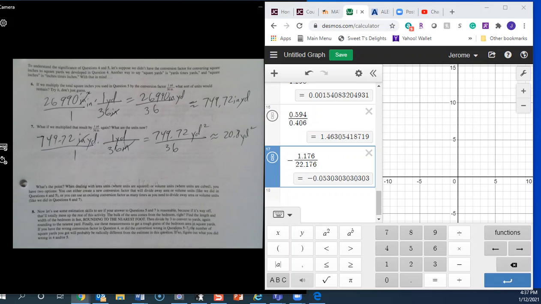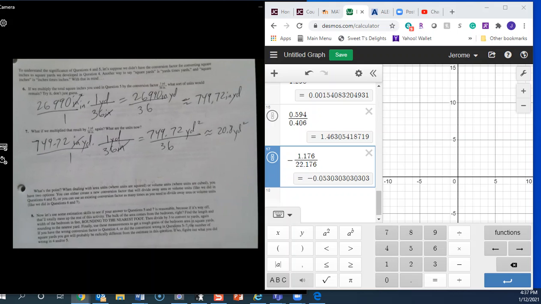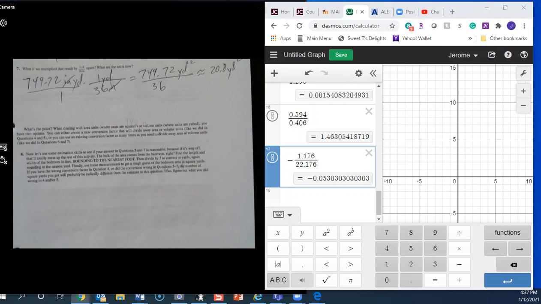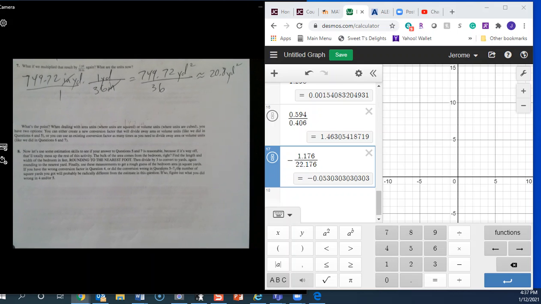Now, we move on to problem number 8. It says, now let's use some estimation skills to see if your answer to question 5 and 7 is reasonable, because if it's way off, that'll totally mess up the rest of this activity. The bulk of the area comes from the bedroom, right? Find the length and width of the bedroom in feet, round it to the nearest foot. Then divide by 3 to convert to yards.